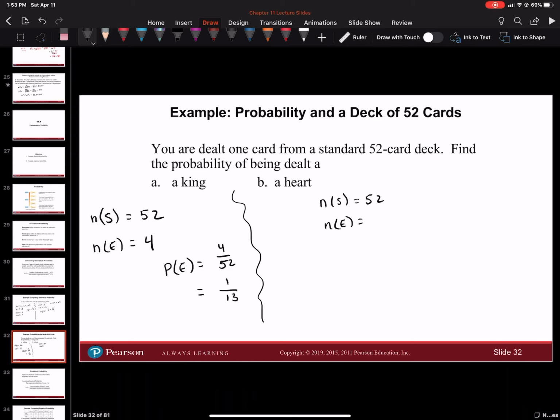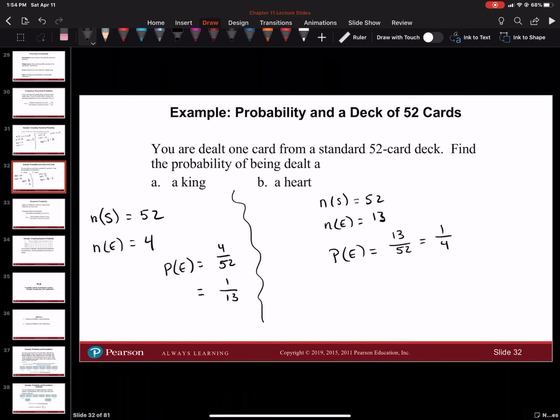So there are 13 hearts in a deck. So the probability is 13 over 52, which equals 1 over 4. Like I said, they have all the cards laid out in your book, in section 11.4. Make sure if you have any questions about this, you send me a message through Microsoft Teams or you send me an email.